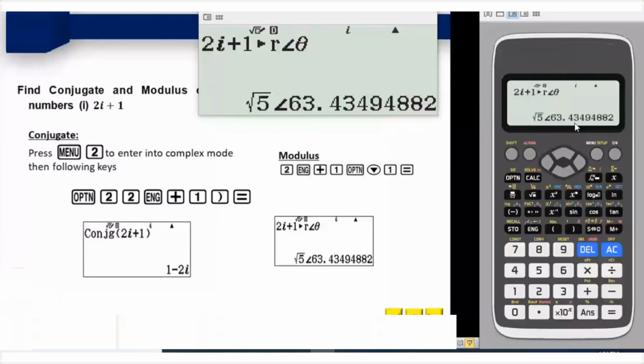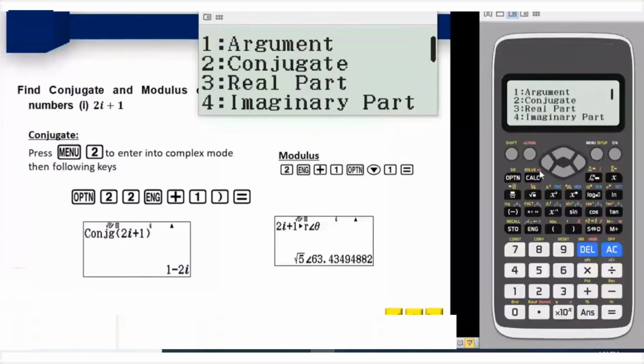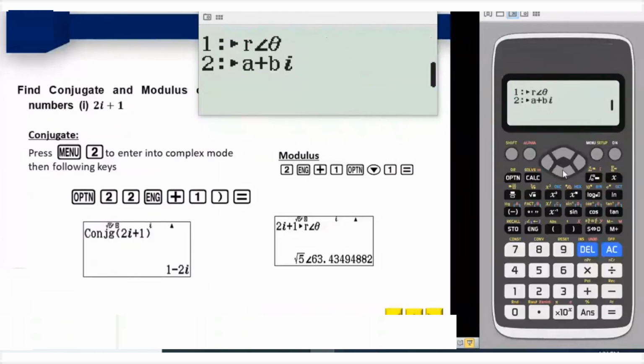Similarly, if you were provided the argument and the modulus, and you wish to convert it into the iota form, then you would have to press option, scroll down, and press 2.